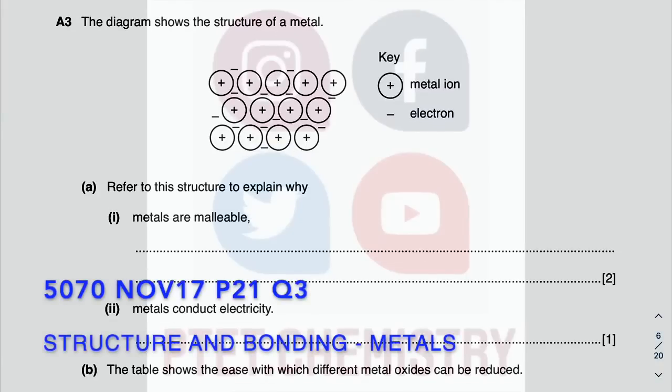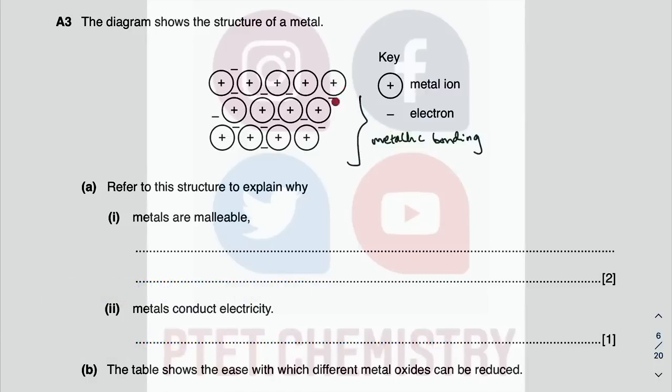Next question is about metals. This was what I mentioned about metallic bonding, where you have this electrostatic force of attraction because you have a positive charge and a negative charge, between the metal ions, the cations, and the sea of delocalized valence electrons. Malleable is to do with being hammered into thin sheets, okay? When you apply force on it, when you keep on hammering, the layers can slide over each other easily.